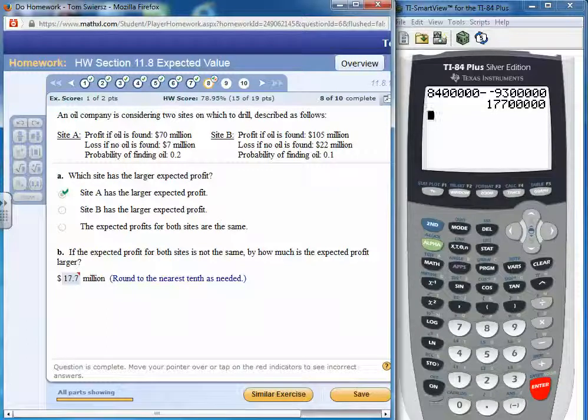Expected value. Again, they want it in millions. So what I did was the answer was 17,700,000. They just want it in millions, so it'd be 17.7. I didn't notice that they had the million there already.